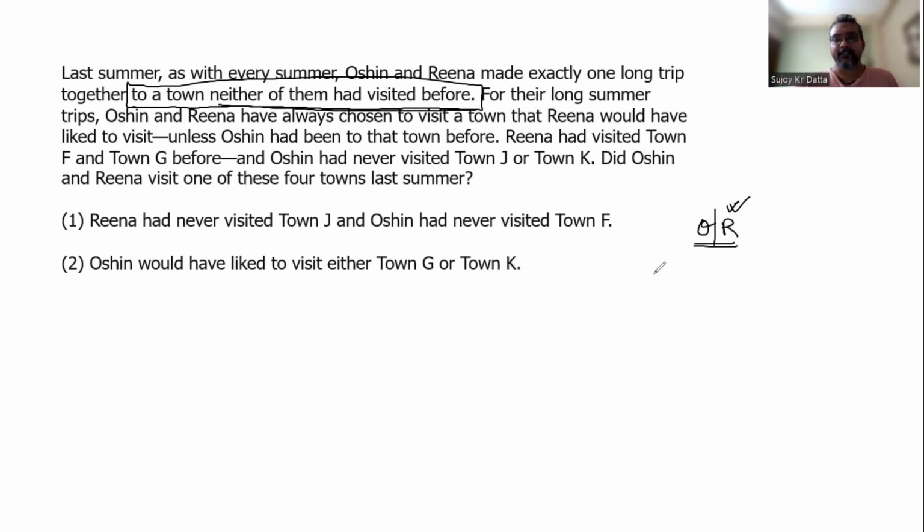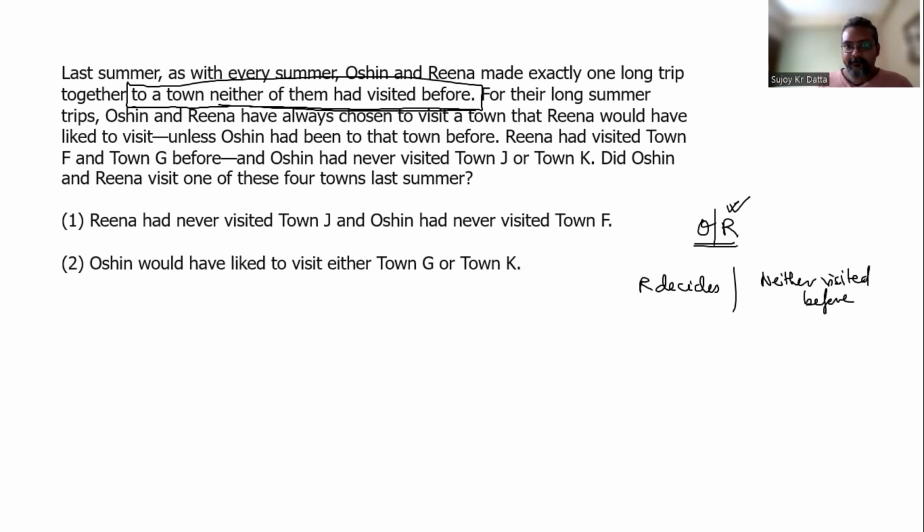So there are basically two conditions: R decides, and at the same time, neither has visited before. If R has visited before, then they will not go, and obviously R will not decide. That makes sense. If you have already visited before, why would you decide on that town?